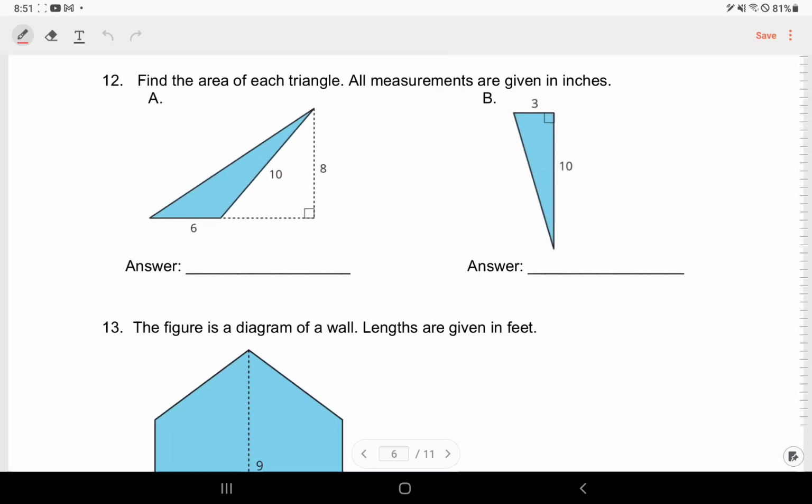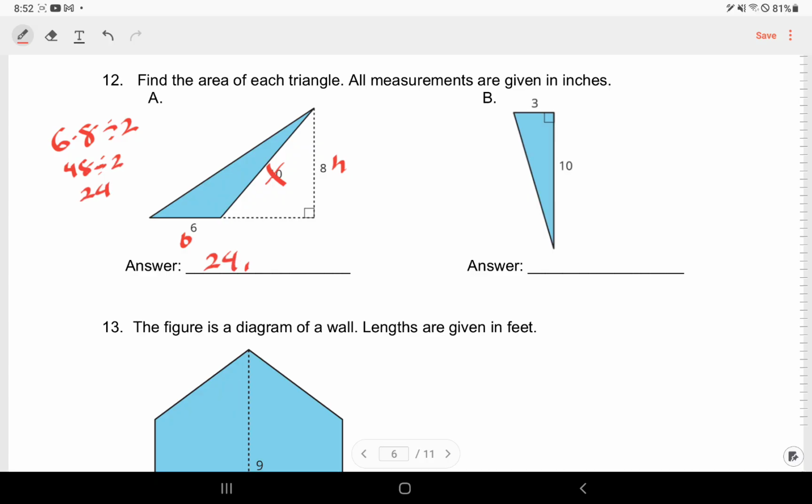All right, so now finally a nice easy question. Find the area of each triangle. They're all in inches. So we have a base of 6 and a height of 8. This is extra. So 6 times 8 divided by 2. So that's 48 divided by 2, 24.